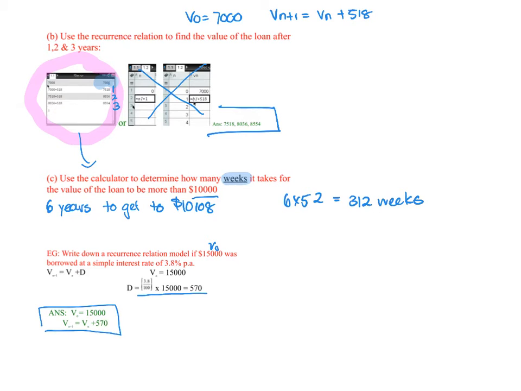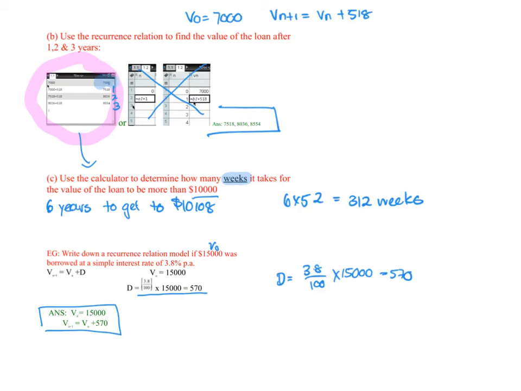I put the V0 and then I write how do I get the next term? I do Vn plus 570 because that's what we found. If we went D, we went 3.8 divided by 100 times 15,000 gave us the 570. Okay, so there was another example.